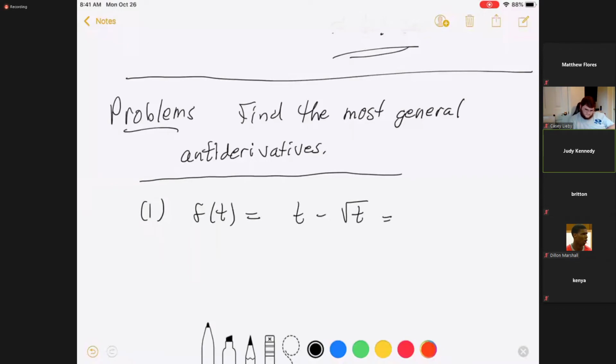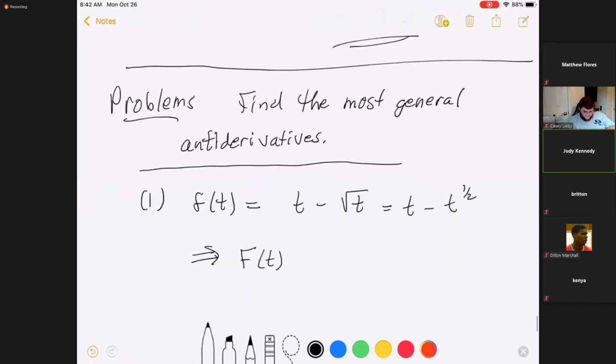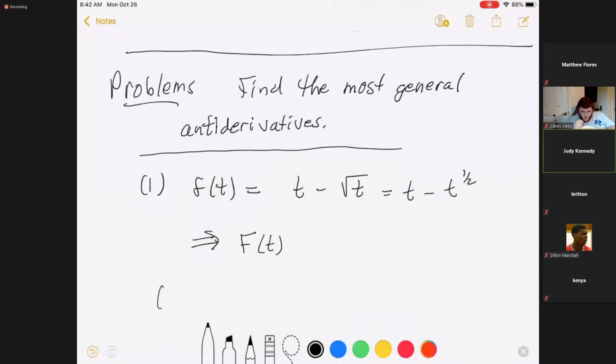It helps to write this square root of t in exponential notation, okay? So capital F of t, and I'm naming capital F of t the antiderivative, capital F prime of t is little f of t.